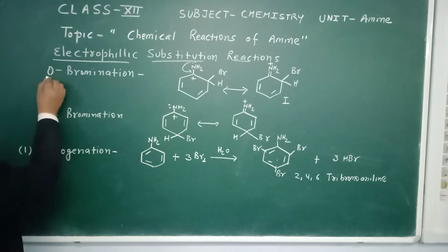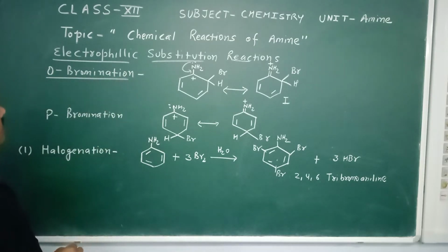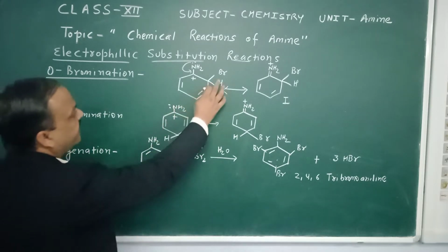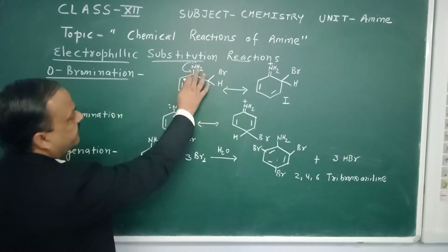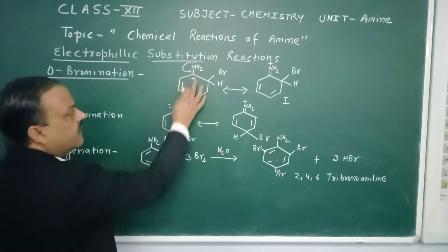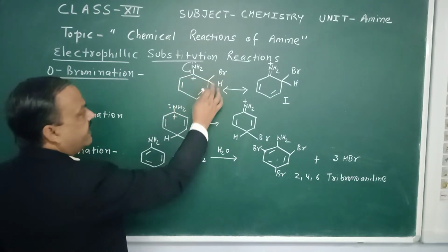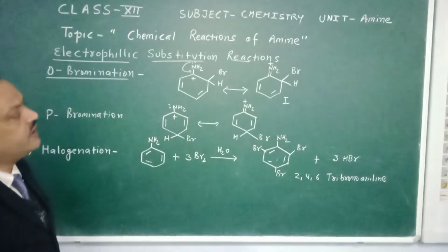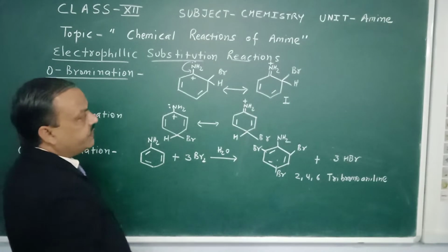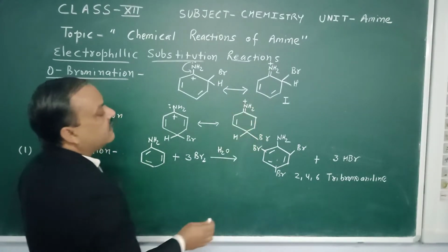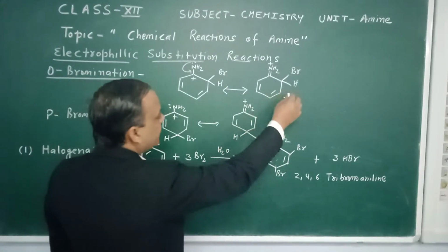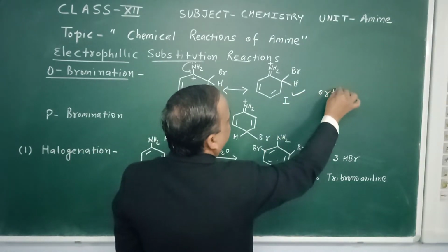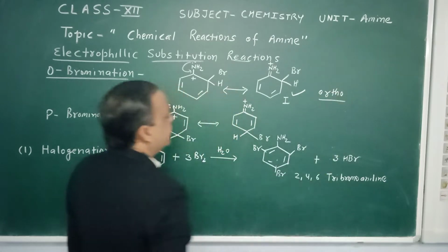For example, in ortho bromination, when bromine reacts with aniline, it attaches at the ortho position, because the ortho position is electron rich. So one possible product is ortho in nature.